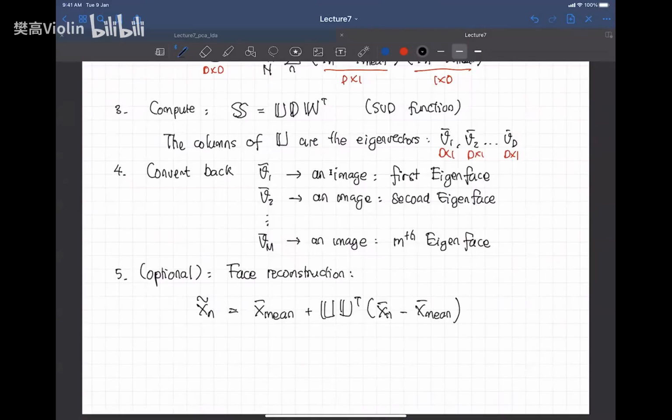This is what you need to do to reconstruct from x_n to x_n tilde using eigenvectors. It doesn't mean anything here, of course. It's just transforming an image to another image, basically.